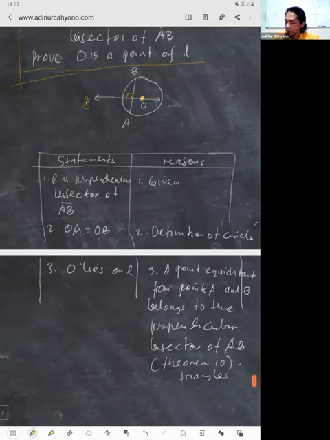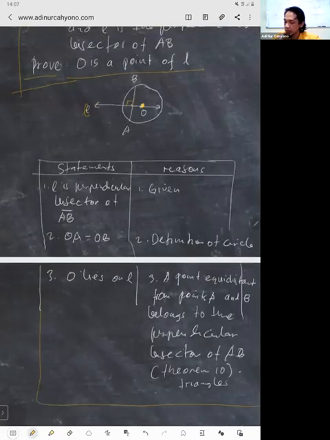To make sure that O is a point of L, you can try to write the statements and the reasons. First, L is perpendicular to AB, this is given. Second, OA equals OB, by the definition of a circle. Of course, OA and OB are equal because this is a circle.